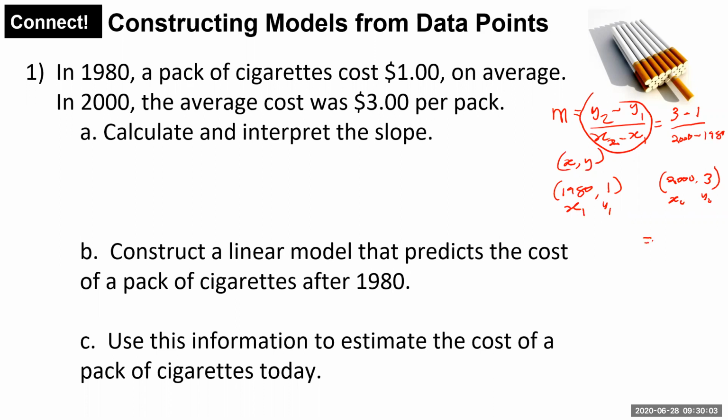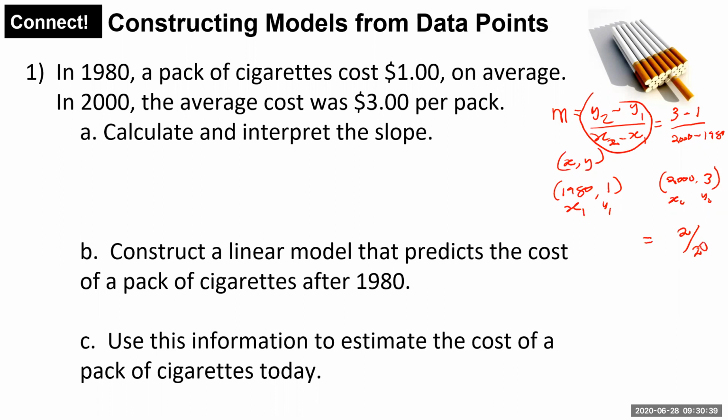So you're going to have 2 over 2000 minus 1980, and you simplify that. 2000 minus 1980 is 20, right?